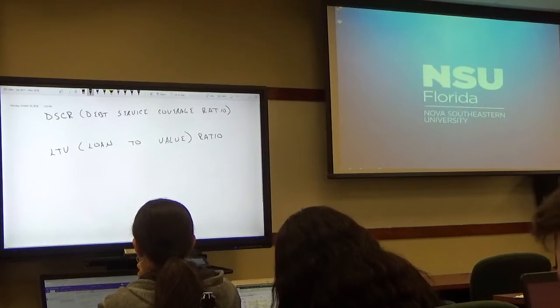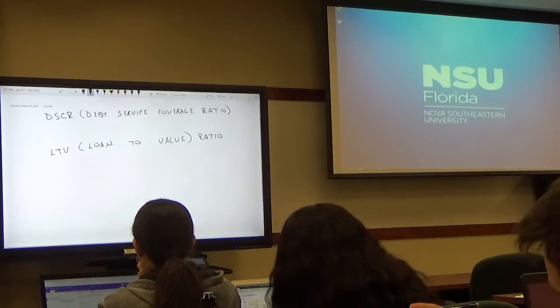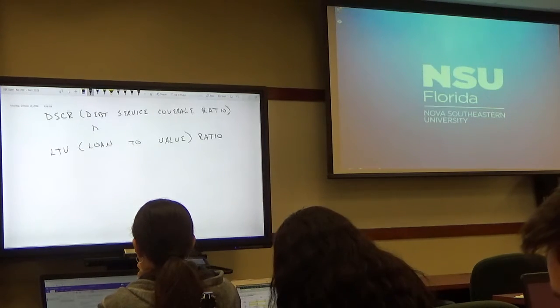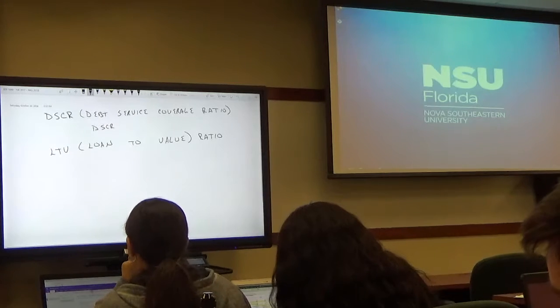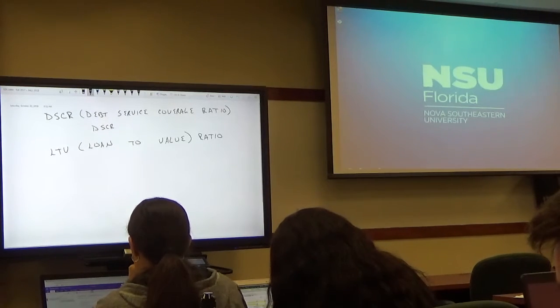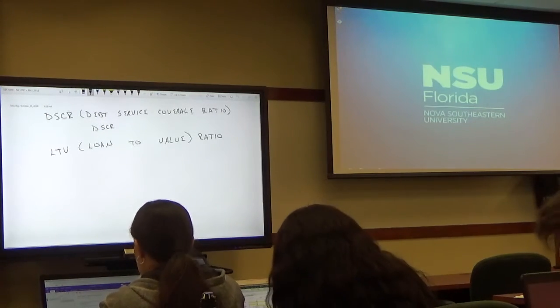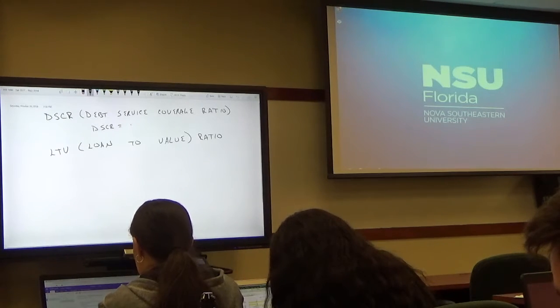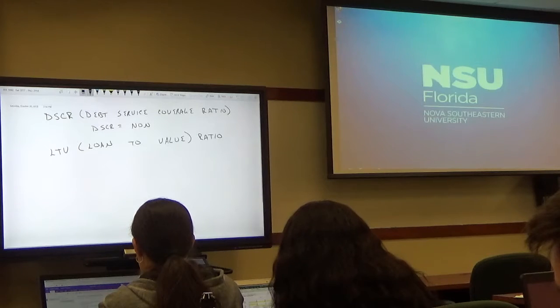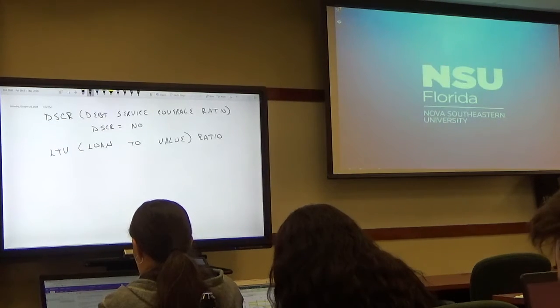All right. Now, the formulas for each of these are very simple. So the debt service coverage ratio, also sometimes called the debt coverage ratio, depending on who's talking about it, it's the same thing, is equal to your net operating income divided by your annual debt service. We're going to work through that in a second.